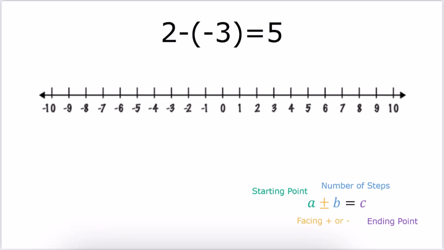But if I want to subtract a negative number, I would go to my starting point, which in this case is 2. Since I'm subtracting, I'm going to face the negative side of the number line. The negative 3 tells me that I'm going to take 3 steps backwards from the direction that I'm facing, which shows me that 2 minus negative 3 is positive 5.